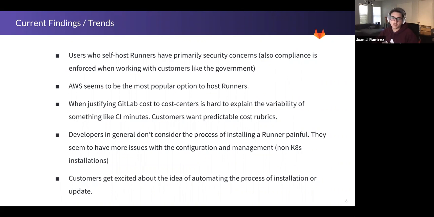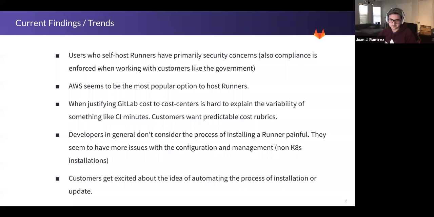They probably have compliance issues. Maybe they're working with the government, and they trust GitLab because they use GitLab, but they definitely cannot trust that those jobs are being handled in all those compliant manners. So they have to self-host that runner on a machine of their own and figure out the security details on their own. So that's one thing that we found.